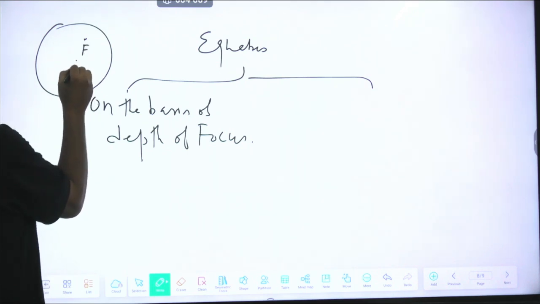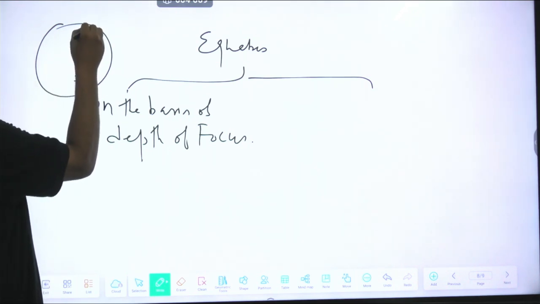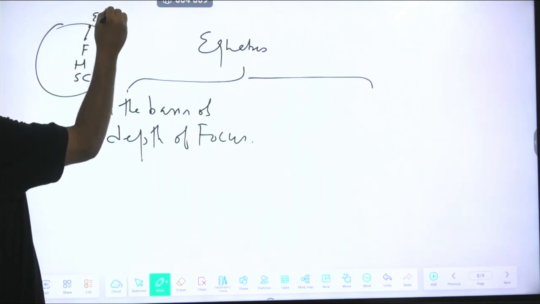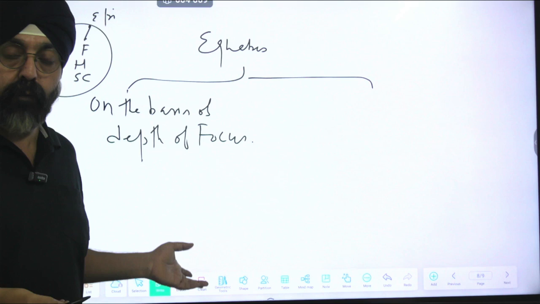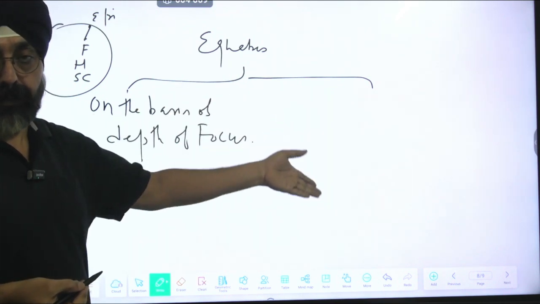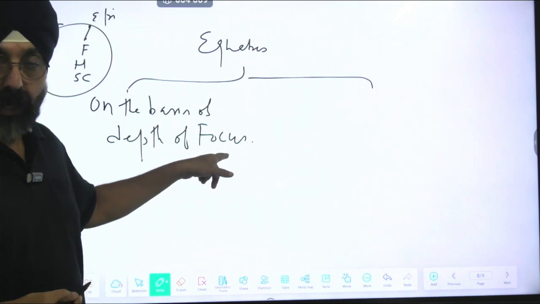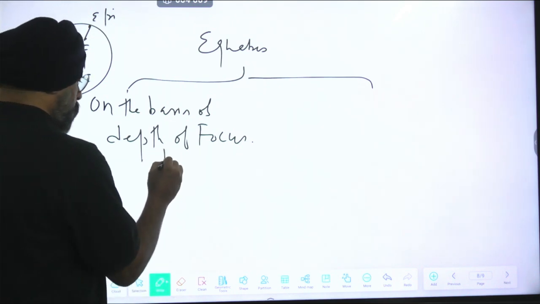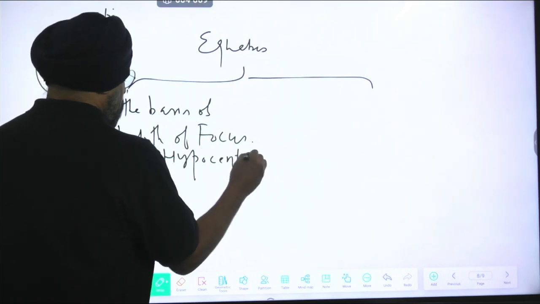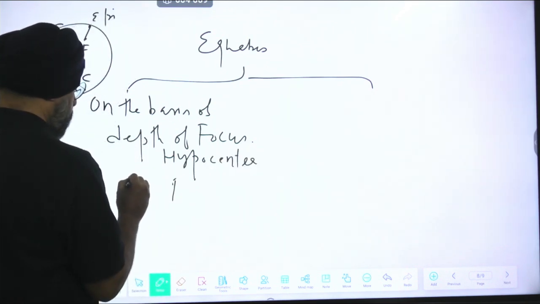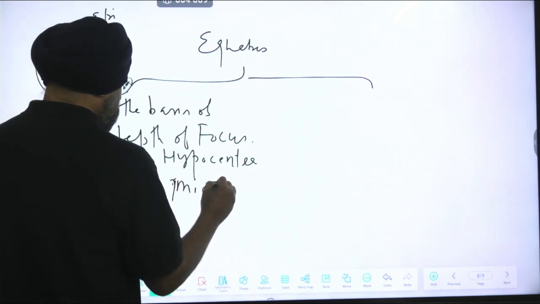That is the focus, hypocenter, seismic center. Where it hits first, that is the epicenter. Now, the very first classification of the earthquakes is on the basis of hypocenter and epicenter. How deep is the focus, the hypocenter?